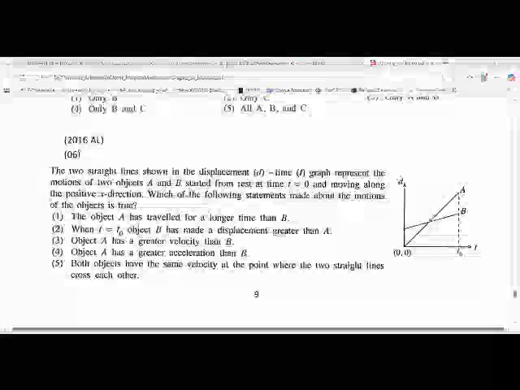If you want, we can tell A and B meet at this point, at this displacement. Okay. But we can't tell about velocity. Velocity depends on the gradient of the graph.